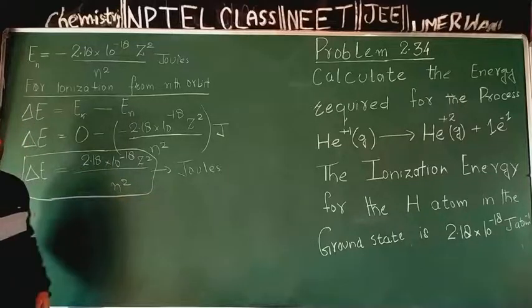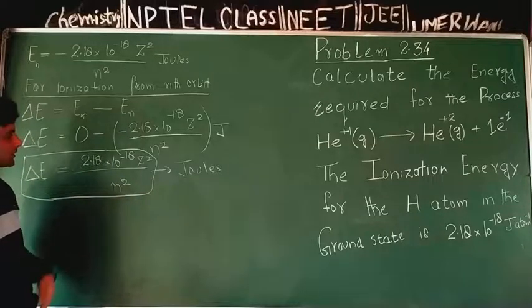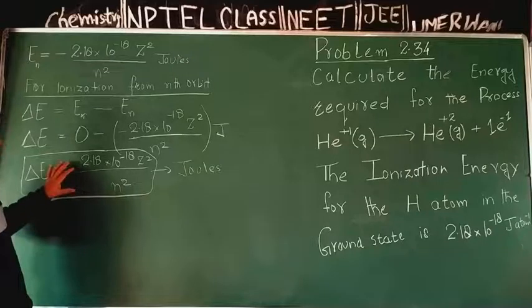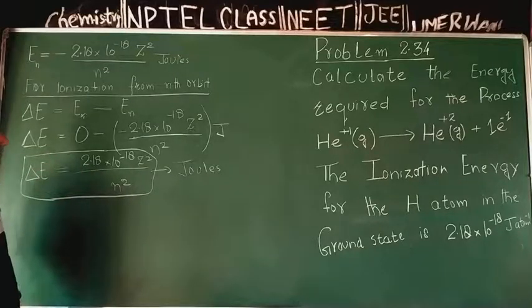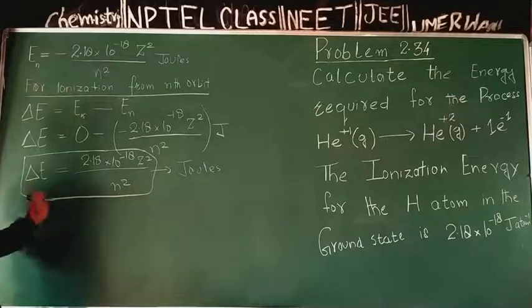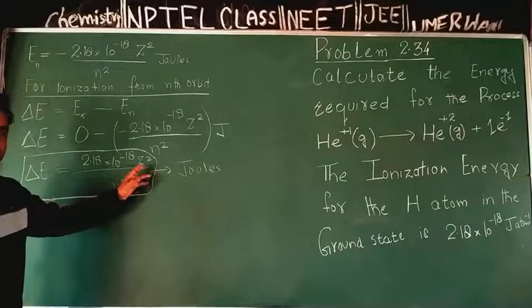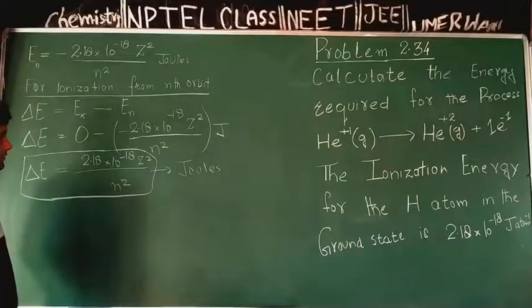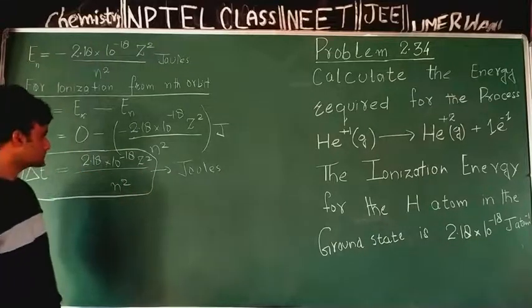That is why in the question ionization energy of hydrogen atom in ground state is given, and it is calculated actually from this equation which comes from Bohr's model of hydrogen atom. This equation is based on hydrogen atom, or we can apply it for any one electron system having Z equal to 1 or greater than 1, but number of electrons should be equal to 1 only.